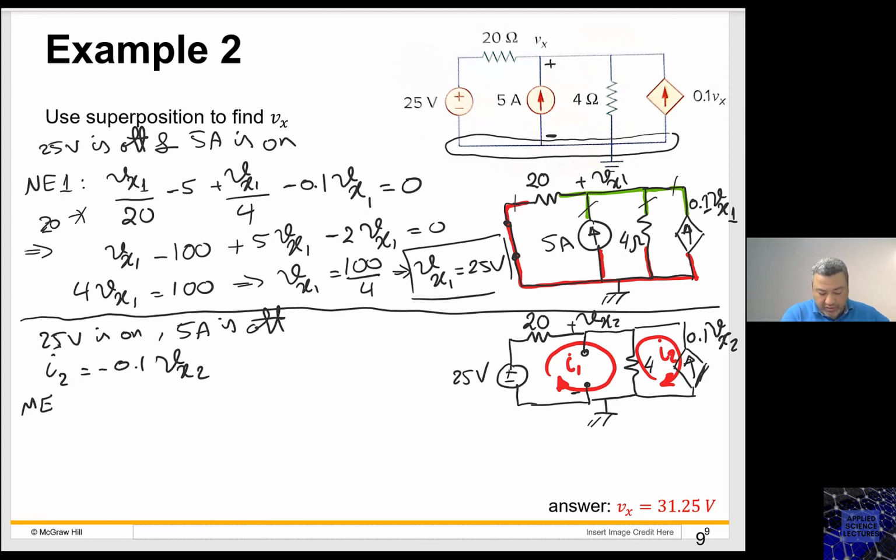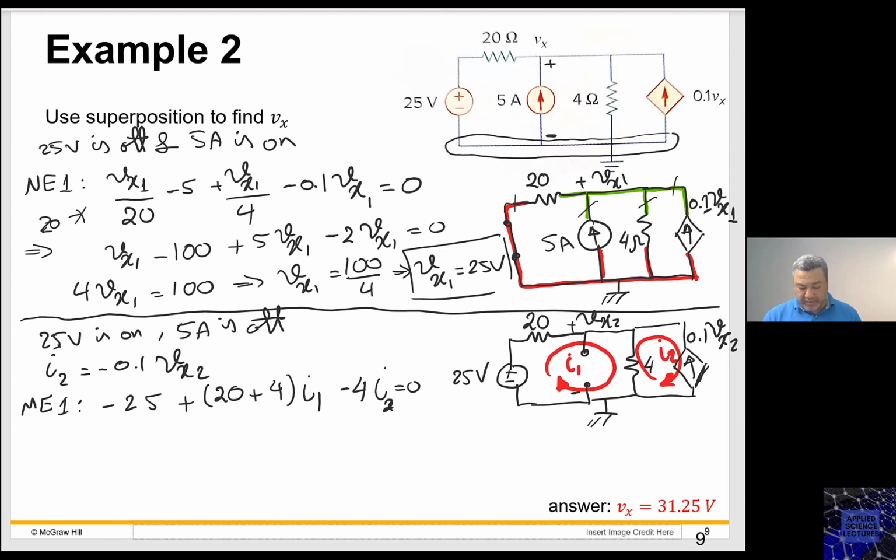So mesh equation 1: minus 25, and I have plus the resistors that this I1 is going through, 20 plus 4 I1, right? Then I have minus 4 I2 equals 0.